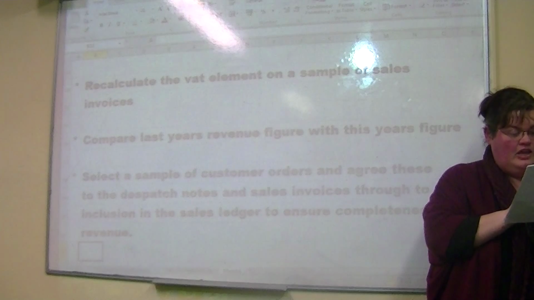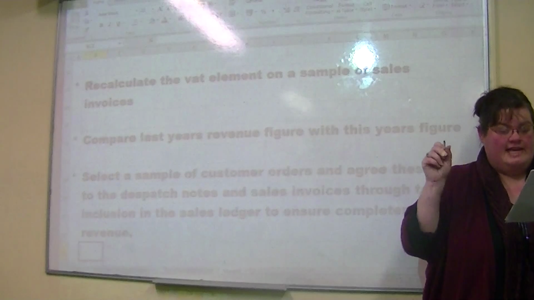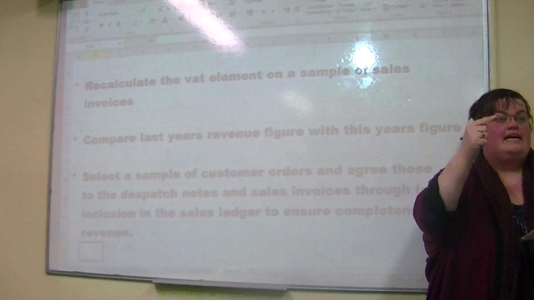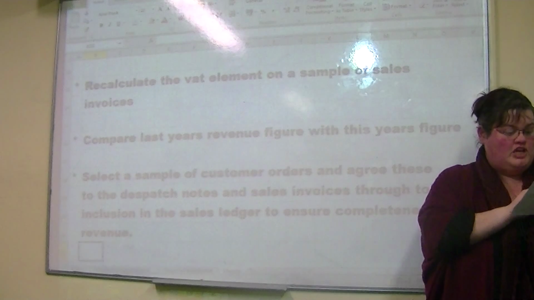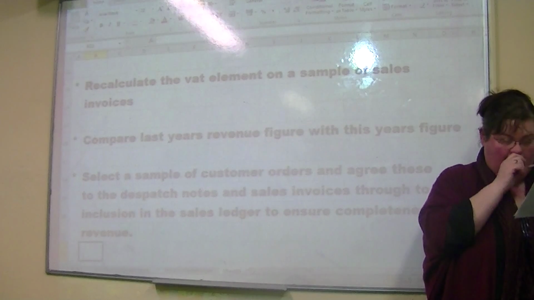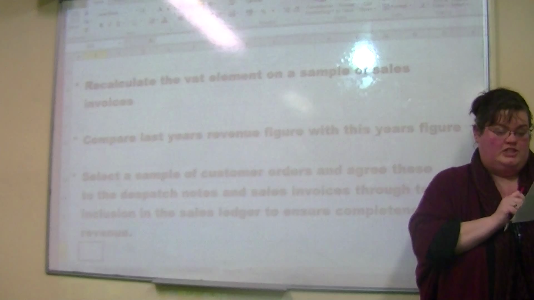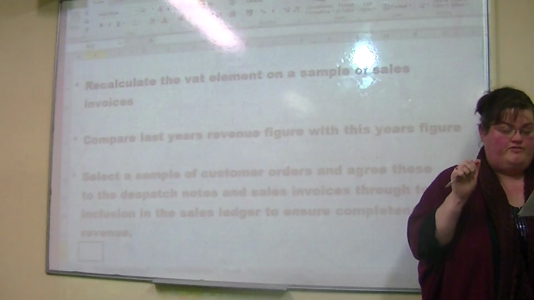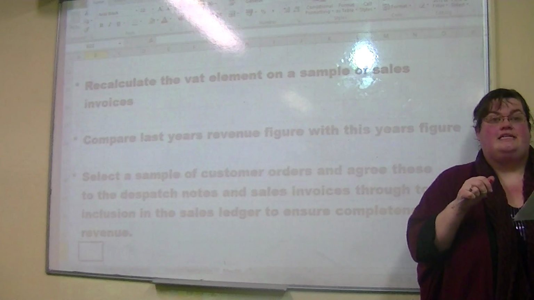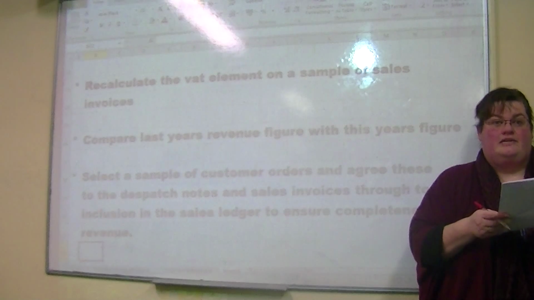So in part B, we're asked for 6 tested controls and their objectives, okay? So we can identify the control, test the control, and give their objectives. Whereas here, we're to identify and explain controls they should implement to reduce the risk of fraud occurring. And for each control, describe how it would mitigate against the risk.